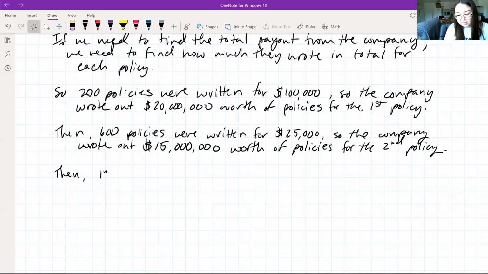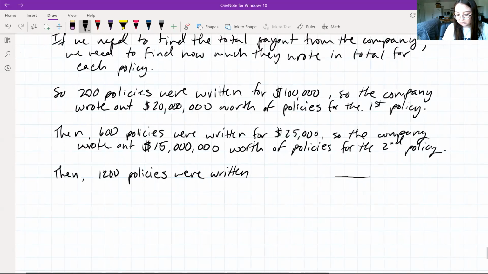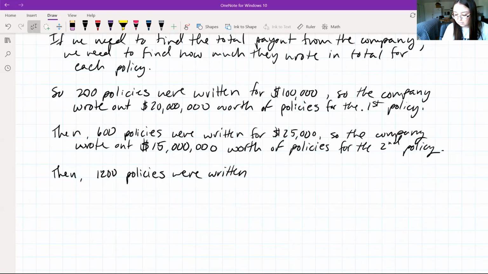Finally, we see there were 1,200 policies were written for $5,000.